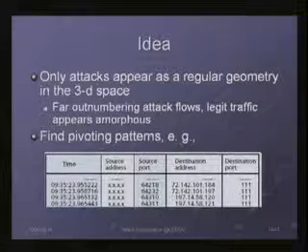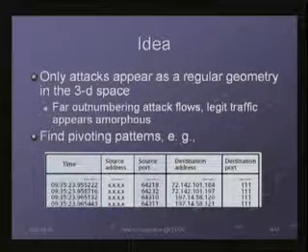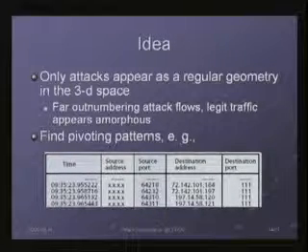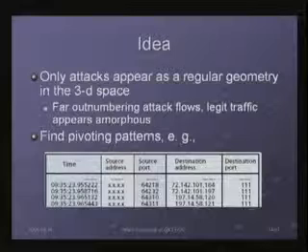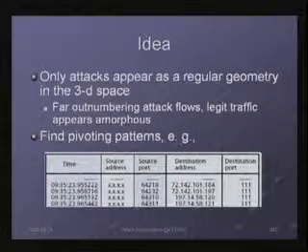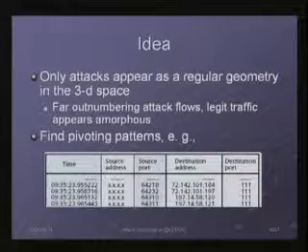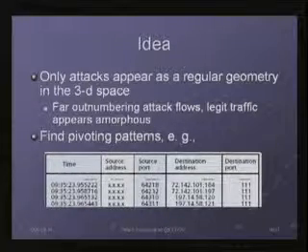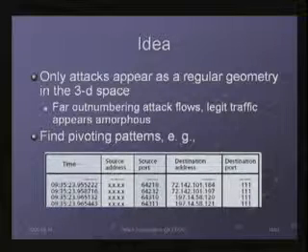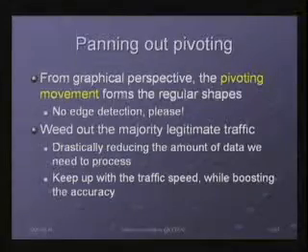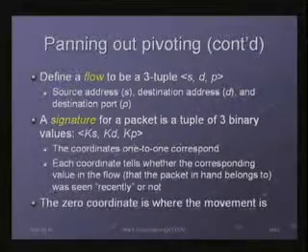So one of those three values, the coordinates, move. So we can detect that pivoting pattern and exploit that property to get only the attacks, while ignoring the legitimate traffic. So how do we pan out this pivoting behavior?